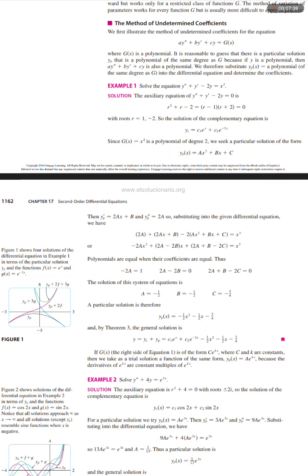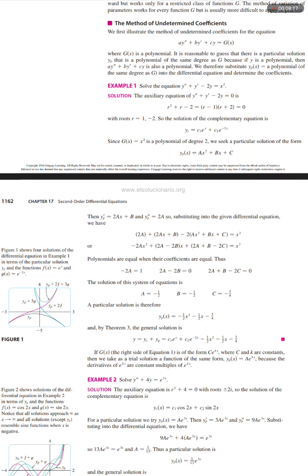So substituting into the given differential equation, we have (2A) plus (2A x plus B) minus 2(A x squared plus B x plus C) equals x squared, or negative 2A x squared plus (2A minus 2B) x plus (2A plus B minus 2C) equals x squared.